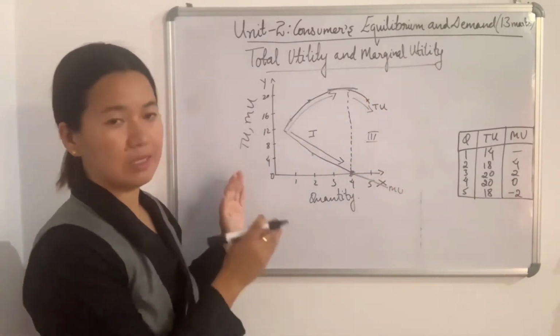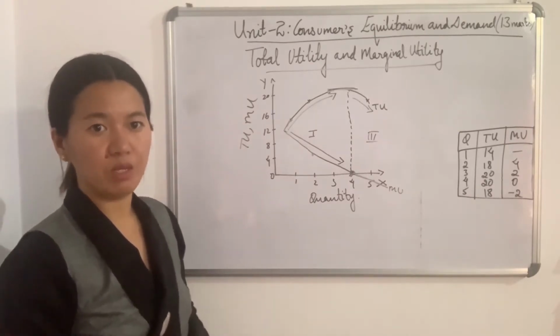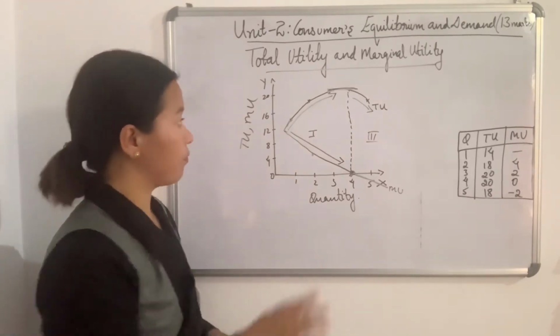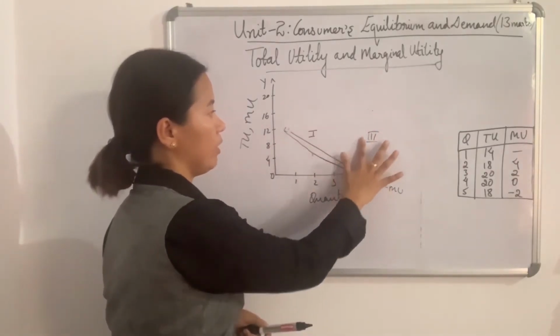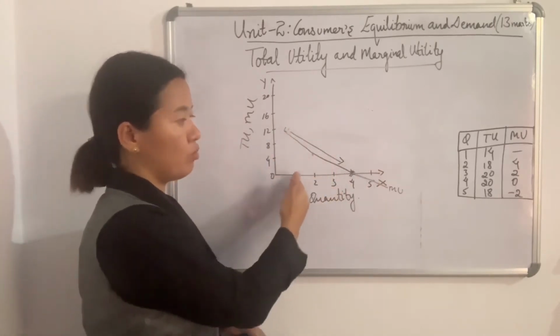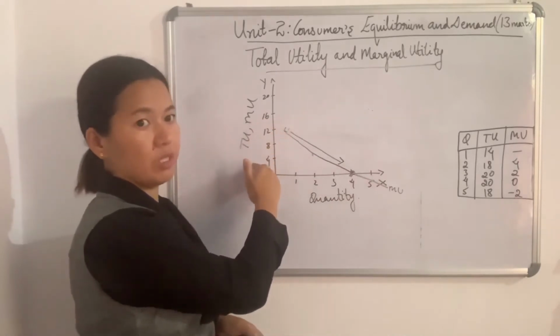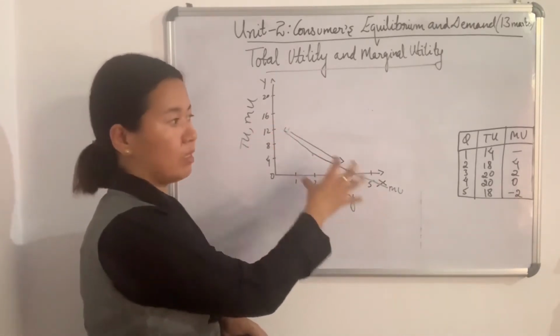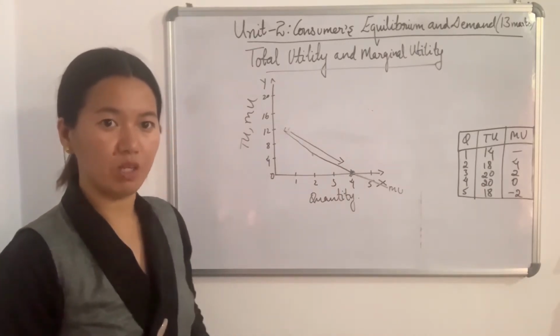And this same diagram you can also use for the law of diminishing marginal utility. As we have learned earlier, the law of diminishing marginal utility states that as you consume more and more units of a commodity, the satisfaction which you derive tends to decline. This is the diagram for your law of diminishing marginal utility.